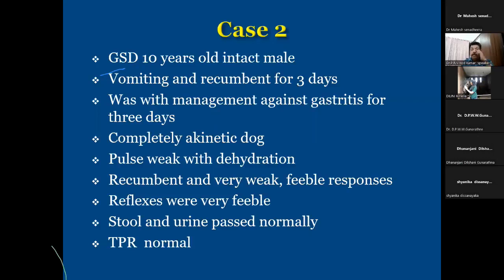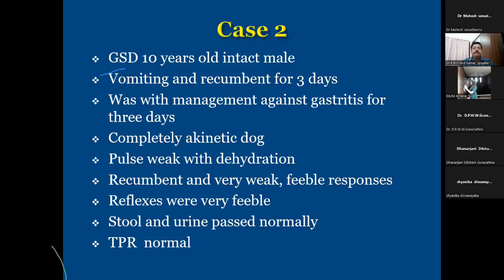In toy dogs below 10 kilograms body weight, it can be said to be a geriatric dog only if it is above 12 years. If it is below 12 years, it cannot be called a geriatric dog. That is a very interesting term.